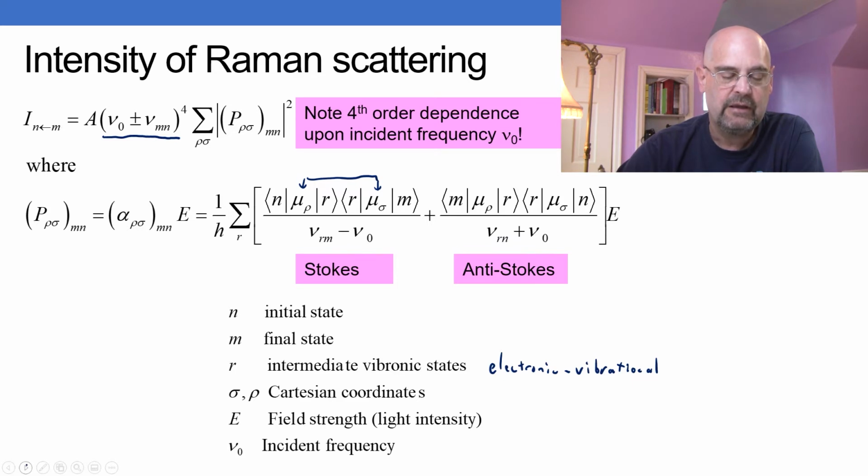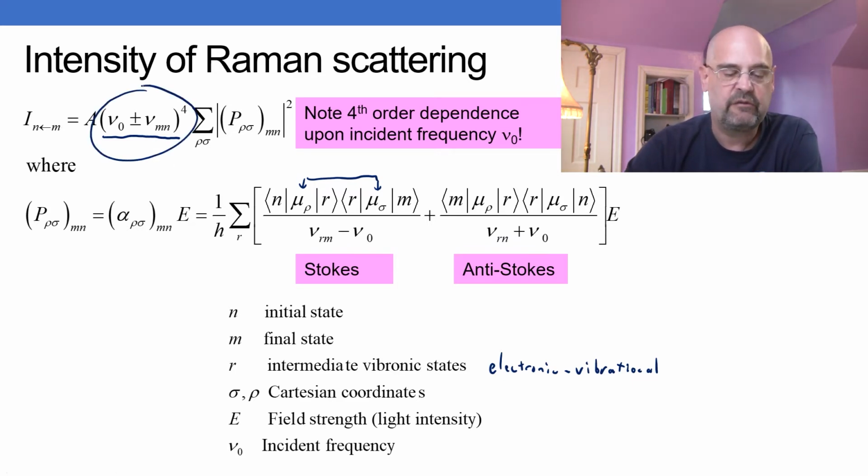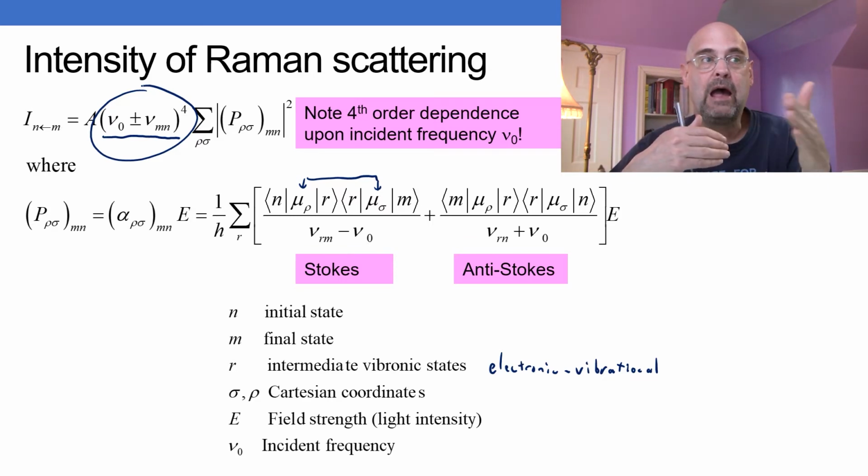The first thing is that this increases as the 4th power of incident light frequency. Now you might think, well, I can go to really high frequencies and increase the effect.